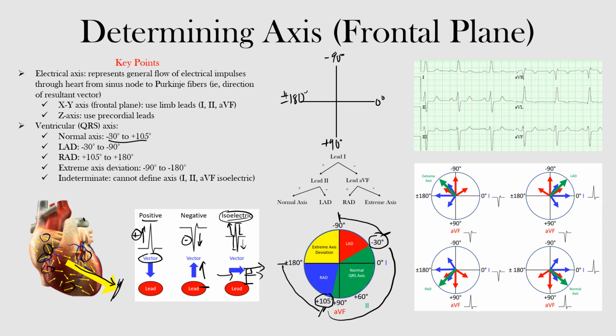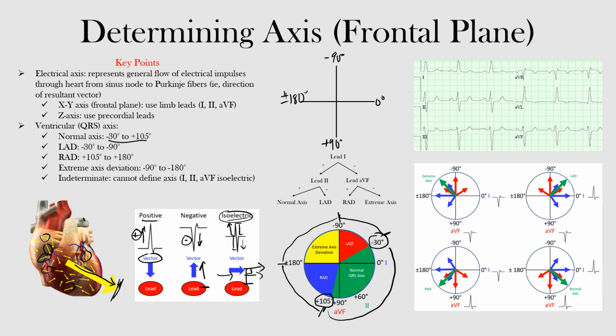This area here is considered right axis or a rightward axis shift, and that's the blue area. And then we have extreme axis deviation, sometimes referred to as no man's land, between this -90 right here and -180. So that there in yellow is our extreme axis deviation. It's rare, but sometimes can be seen.